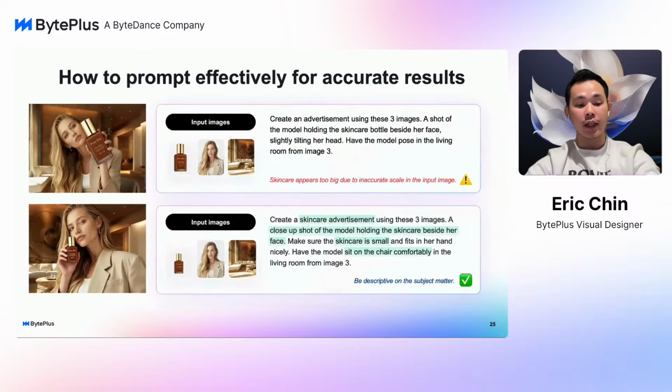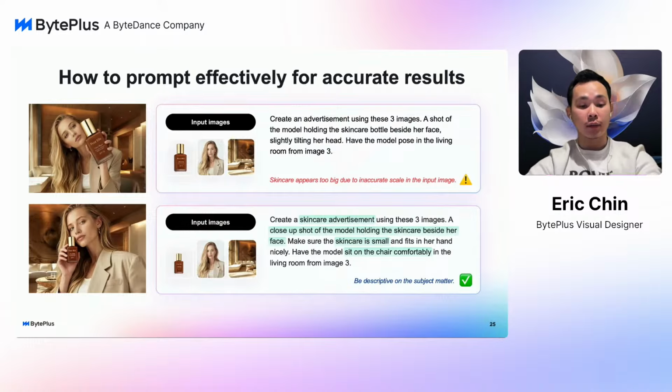So here is an example of how adding clarity can prevent issues like incorrect scales in a lifestyle product image that we generated before. Take note on the first image, the skincare appears too big because our skincare in the input image occupies the whole space. This actually may give the AI the wrong idea that the product is huge.